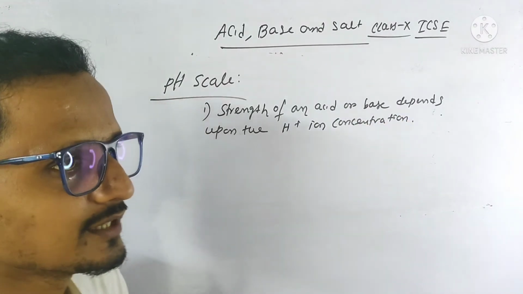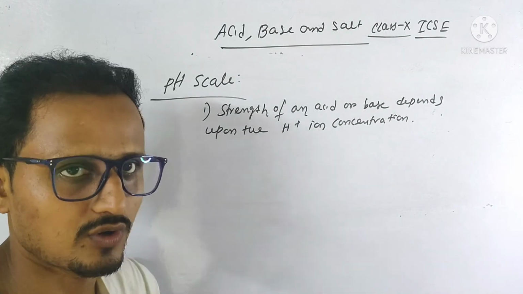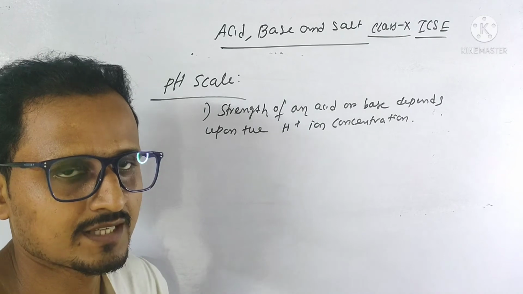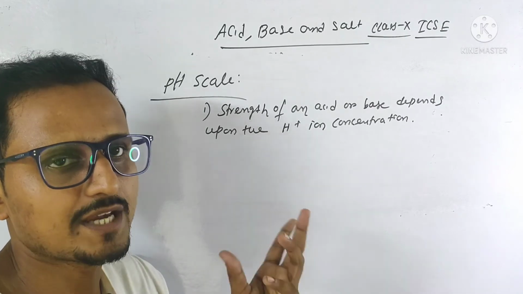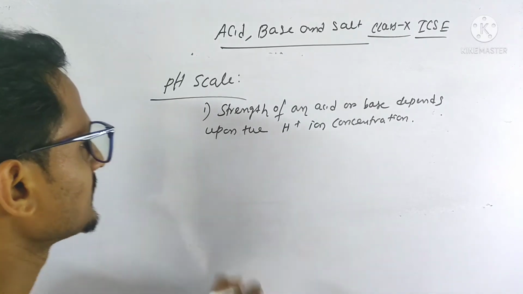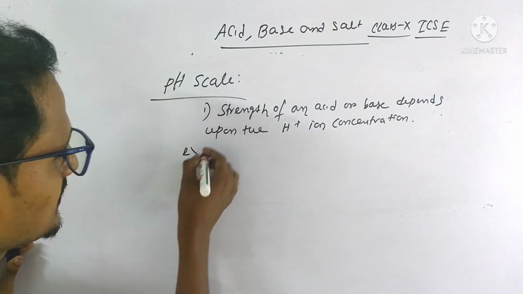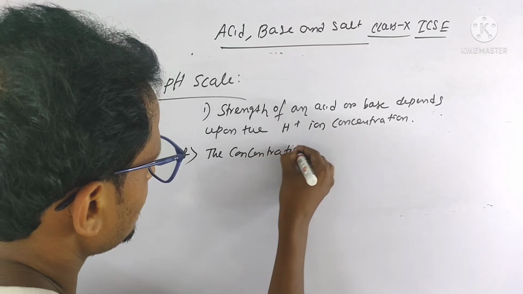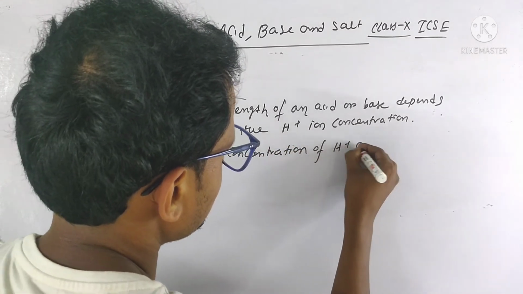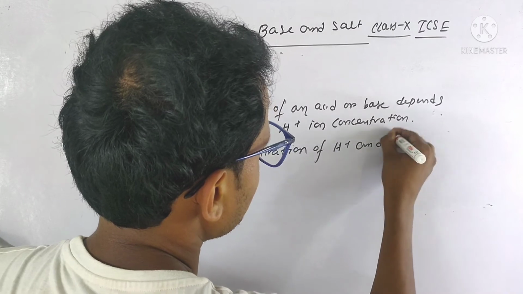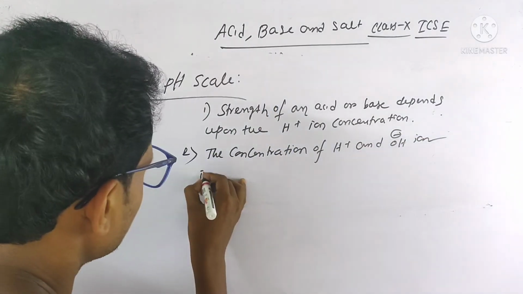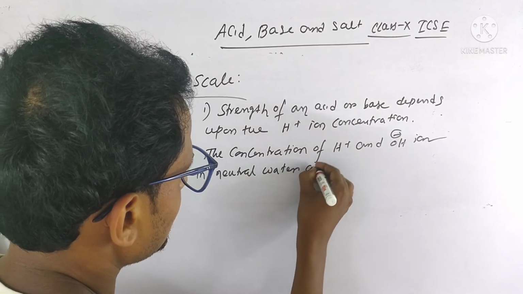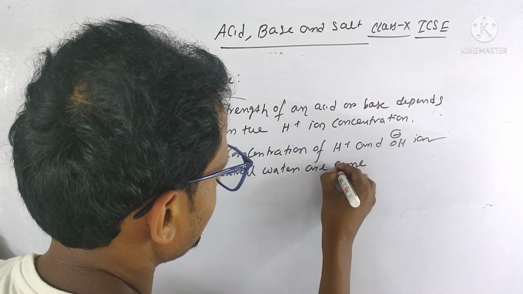Now normally in neutral water, the concentrations of H plus ion and OH minus ion are the same. Next point we are writing: the concentration of H plus and OH minus ion in neutral water are the same.